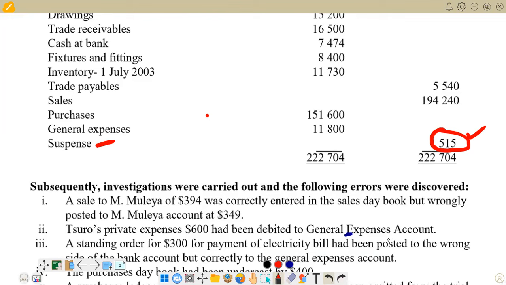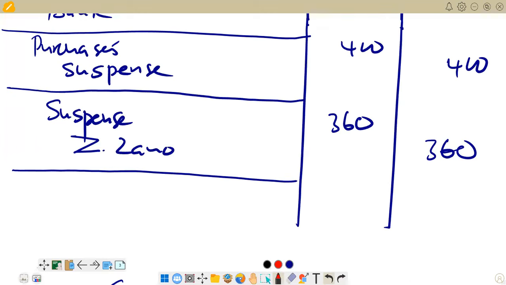So you check which side has the smaller total. That's the side that we are going to start with in suspense. If the debit side is the smaller figure, you go to the debit side of suspense, you say balance BT, and then you calculate the difference and put it there. So that's what we're going to do. Here we are just going to carry this on the credit side and write balance BT for suspense.